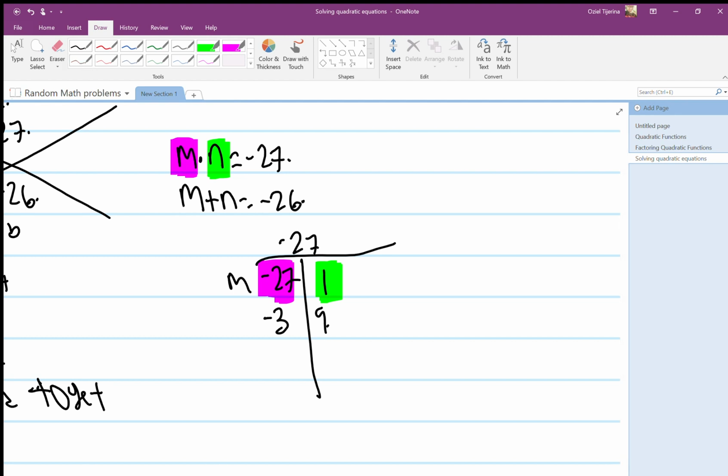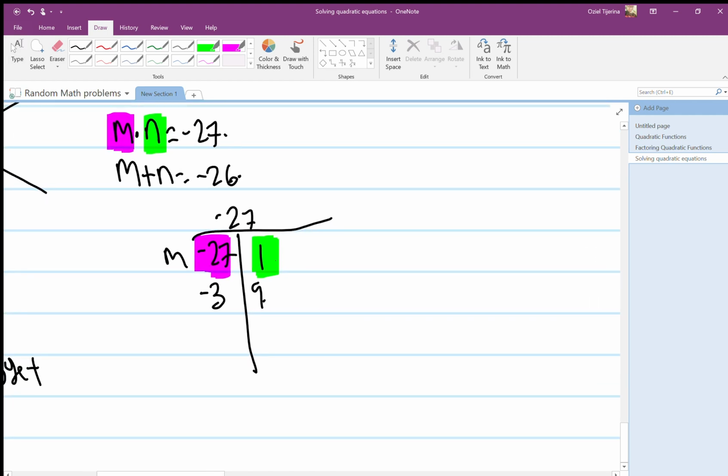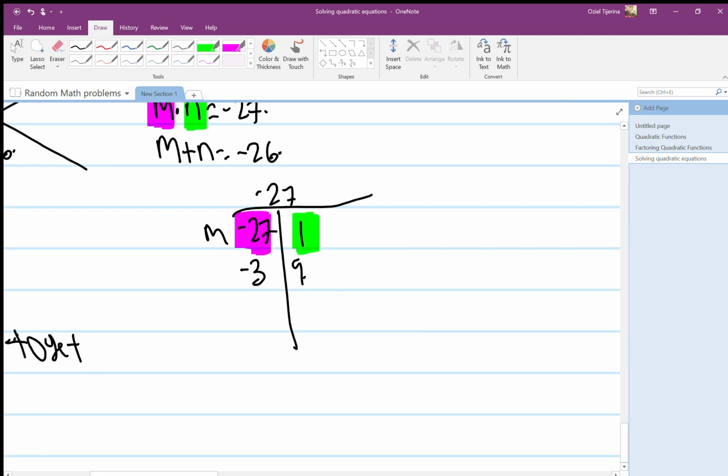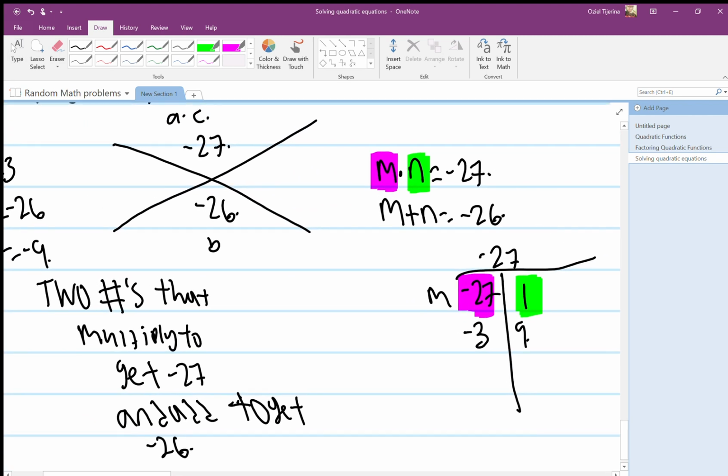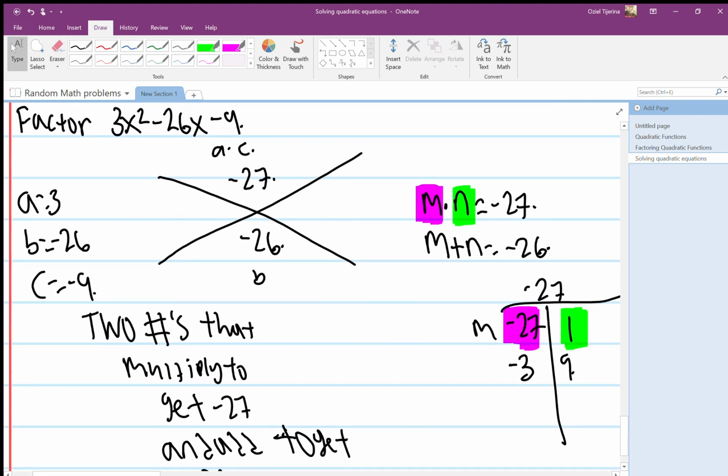Looking at this, I can already tell which one it's gonna be. Obviously, if you're not sure, here we have negative 27 times 1, that's going to be negative 27, and then if we add these two, we're going to get negative 26, okay? So those are two perfect numbers that we can use for our X box here.